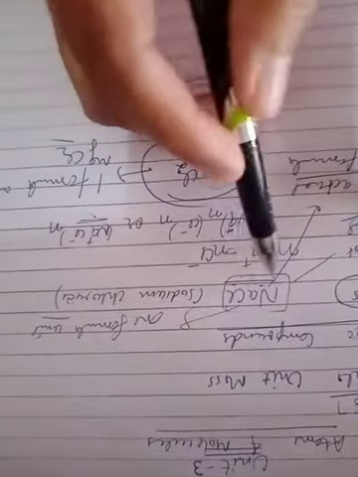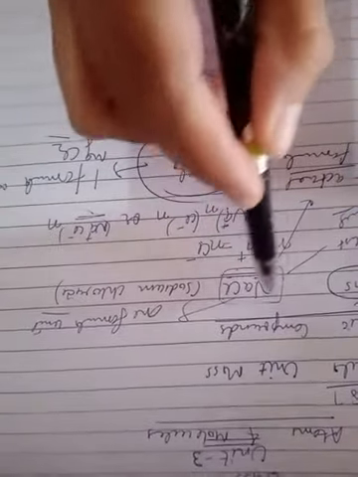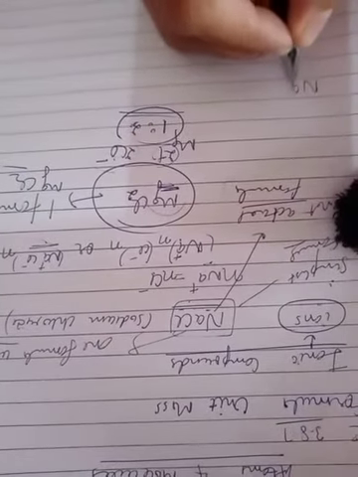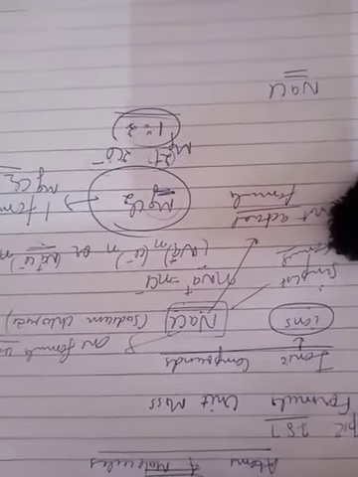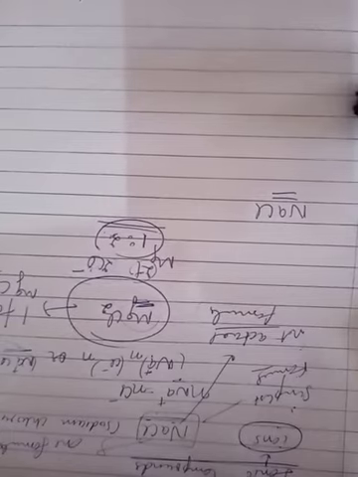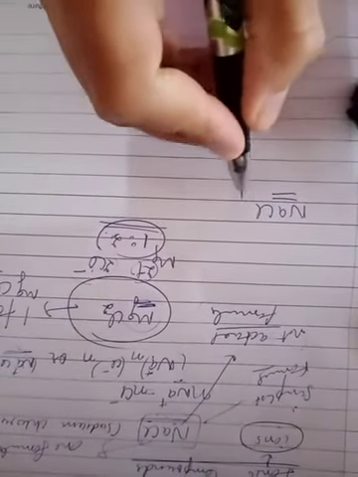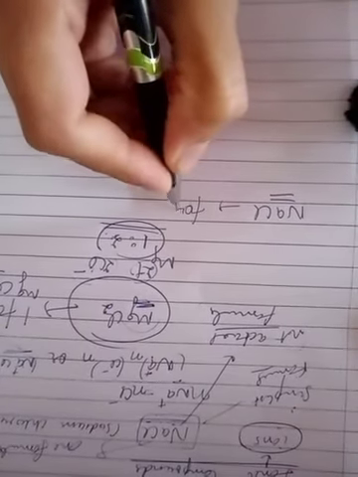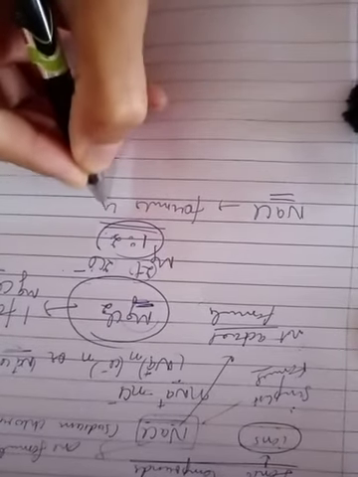Suppose we have to calculate the complete mass of this NaCl species, and we have already explained earlier how to calculate the molar mass, but in case of an ionic compound we should not use the term molecular mass. Instead here we use formula unit mass. Clear?